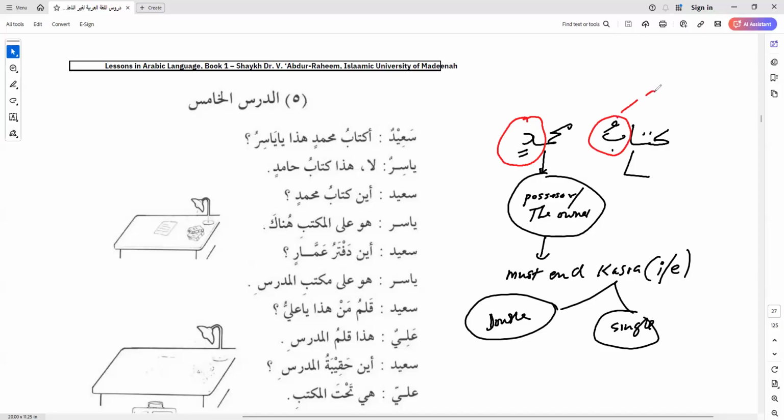It changes based on the role of the item in the sentence. Later on, we're going to learn that. Sometimes you can have Kitabi, or sometimes Kitaba. But for now, the question is, Akitabu Muhammadin hada, ya Yasir?